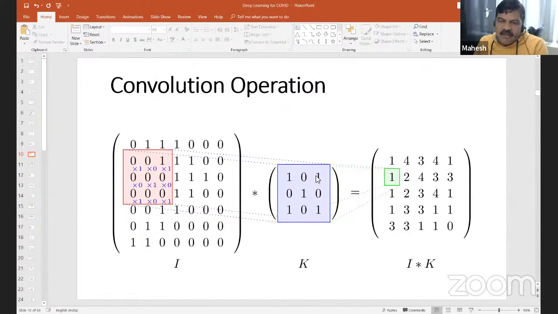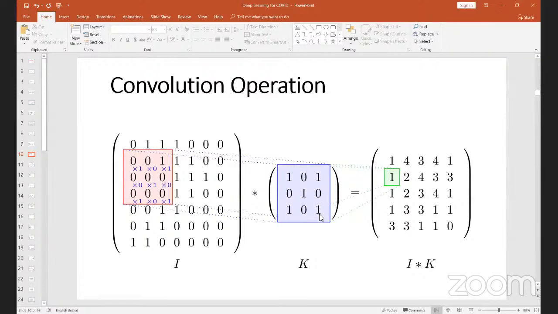Depending on the use, we select these numbers. If I want to take the average, I can have all ones. So 0 multiplied by 1 plus 0 by 0 plus 1 multiplied by 1. In this way we perform the addition of all these and divide by 9. That is the average, and we replace this pixel by the average.